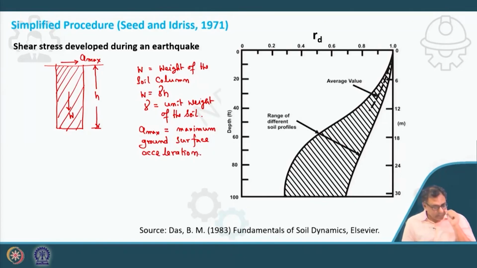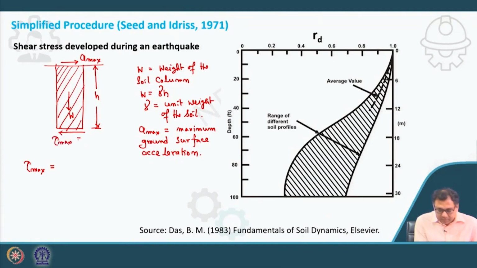Okay. So how much stress will be generated at this base, this depth H? The horizontal acceleration Amax is acting on the ground surface. Because of that, how much stress, tau max, will be generated here?